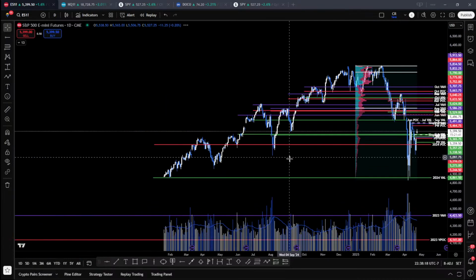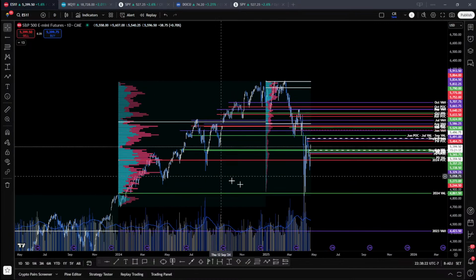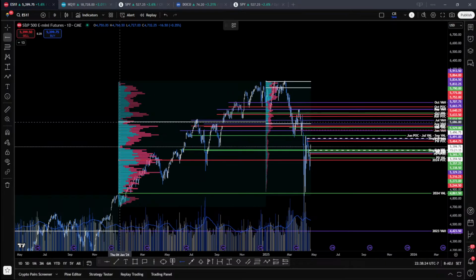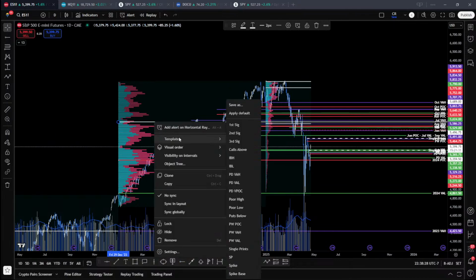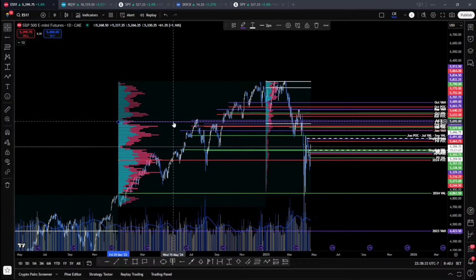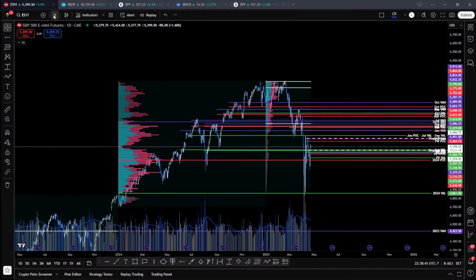Am I losing my mind right now? There we go. Okay, I have the POC. I just don't have the value area high. This is probably what they're targeting.